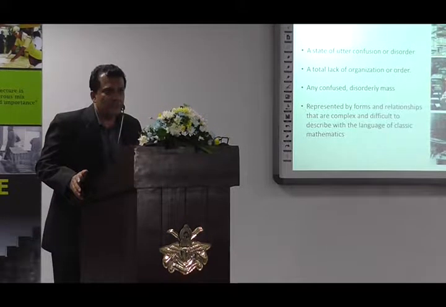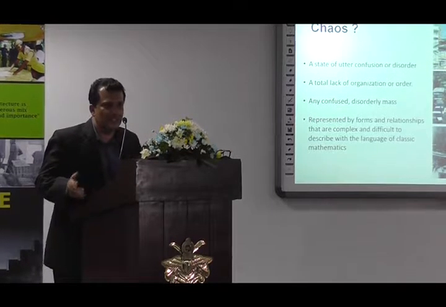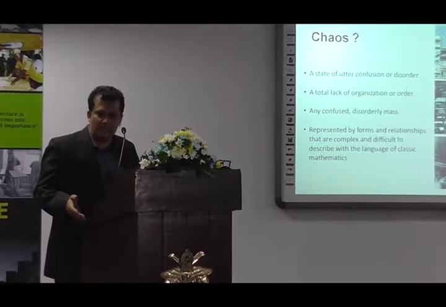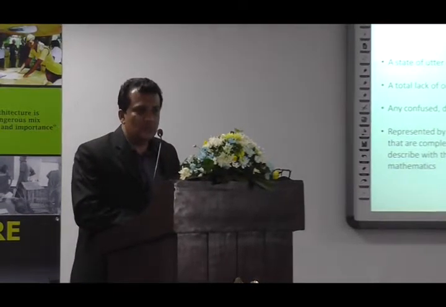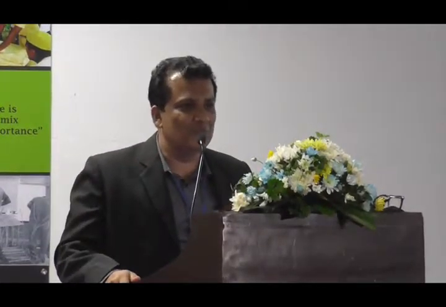So chaos is a state of utter confusion and disorder. You don't understand any pattern, any rhythm, any order. There's no organization. It's a confused and disordered mass. So what is order? I think most of you know very well about order: you have to properly behave, plan your work, and things are being trained here.